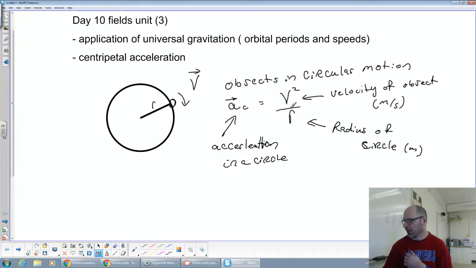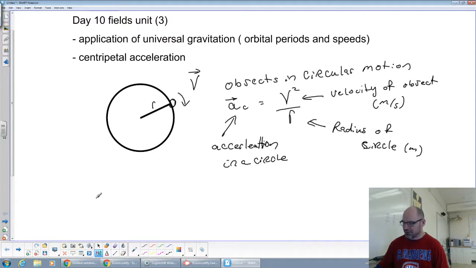So you get meters squared per second squared divided by meters, which gives meters per second squared, an acceleration. We're going to need that when we get into planetary motion and things like that.